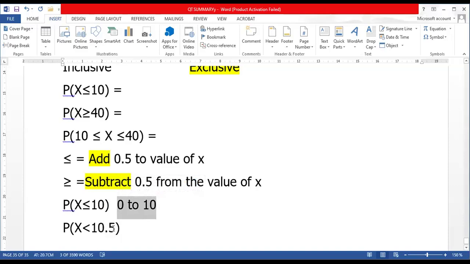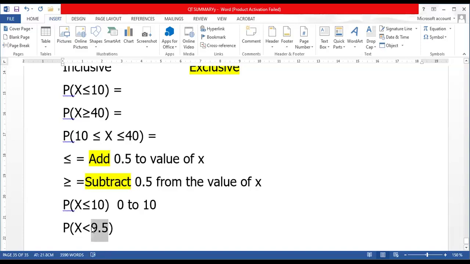Because if you don't add, let's say if you subtract, if you get 10 minus 0.5, technically you are getting 9.5. But remember, the probability is where 10 is included. So if you subtract 0.5, you will be very wrong because you cannot get 10 in values less than this.